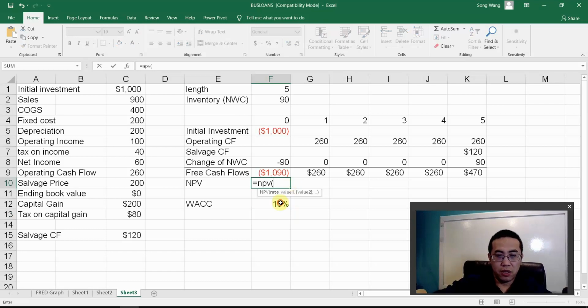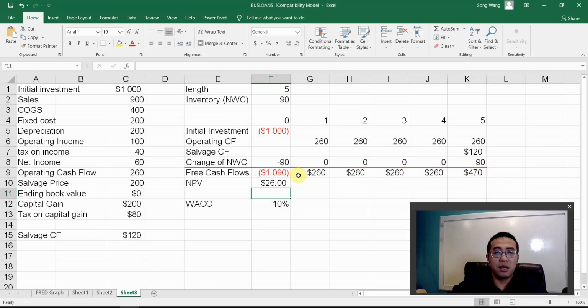So I use this 10% and put in all the future cash flows, and then add the first year cash flow outside the NPV box. It looks like my NPV is positive. I'm still making a living and have a $26 overall profit to distribute to myself as a business owner. Well, it does not say I'm making $26 in each of the 5 years.